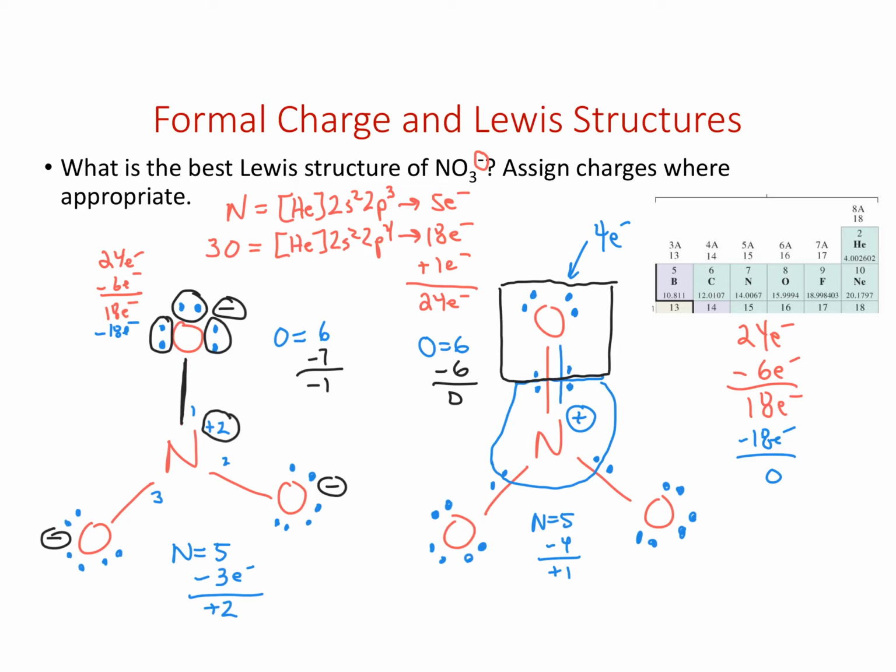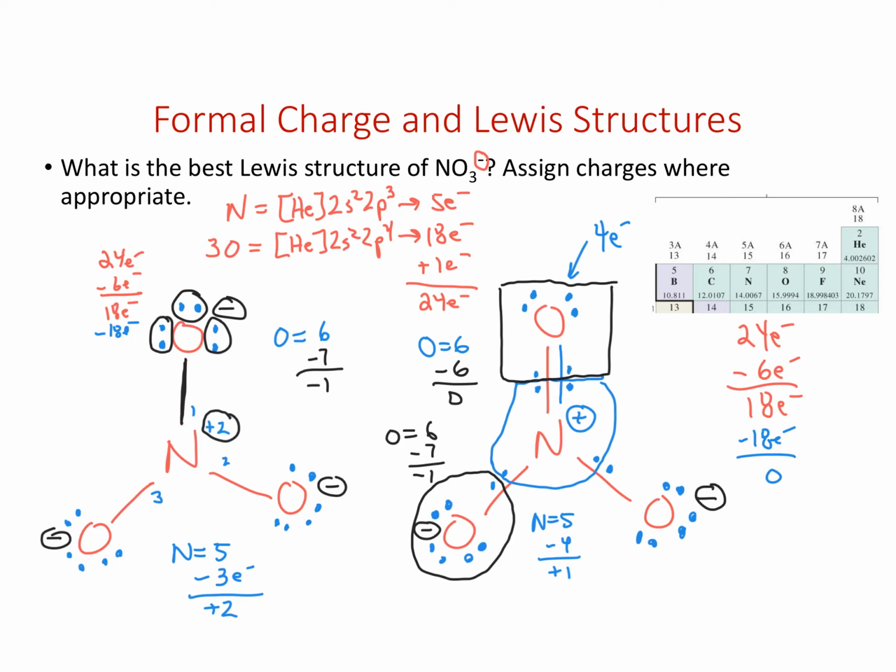I look at the 2 remaining oxygens, which are still group 6, and take a look at the total electrons assigned. I have 6 lone pair electrons, and I have 1 in a bond with nitrogen. So I still have 7 electrons assigned here for a charge of -1, and I'd have the same over here with a charge of -1. So in general, when oxygen is in a double bond, it's neutral. When oxygen is in a single bond and it has 3 lone pairs of electrons on it, it will have a charge of -1.